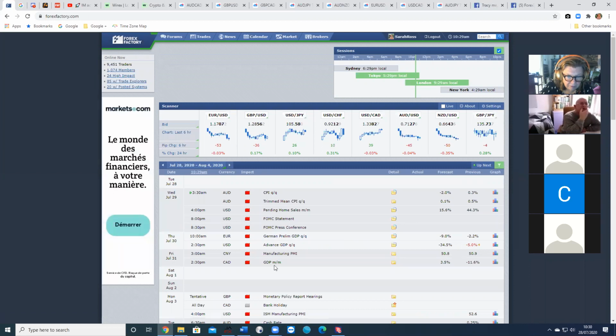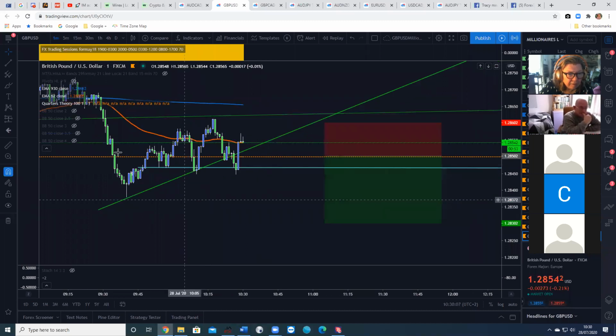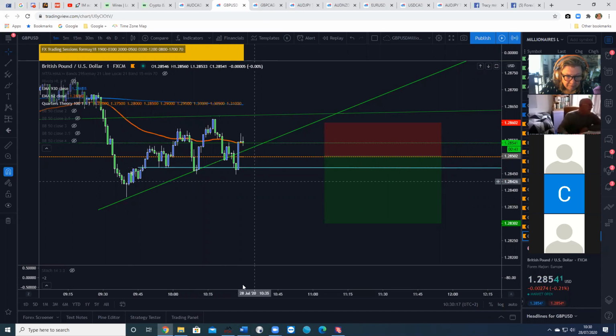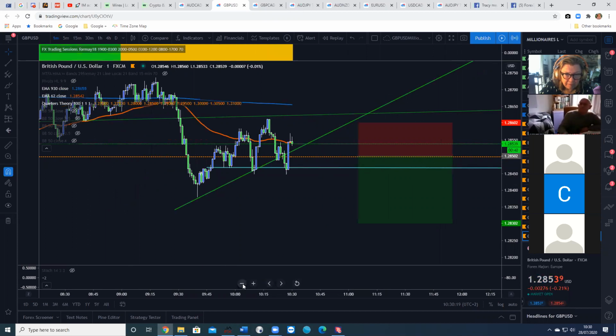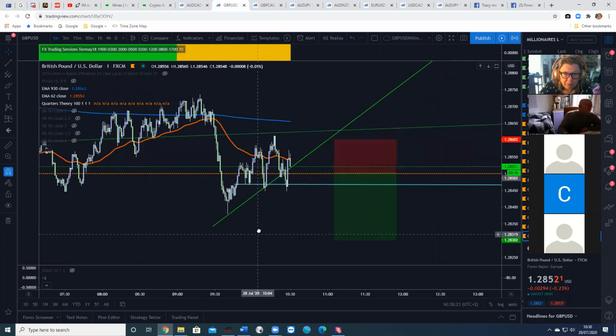FOMC tomorrow. Okay. So we had our break and our retest there. We've got the 1 minute trend, so it's coming up that way now. Deciding it's going up. Unless it's just going to play between these two. So maybe it's going to carry on doing that.